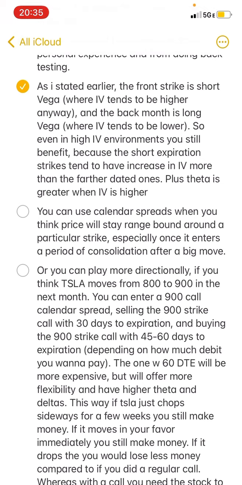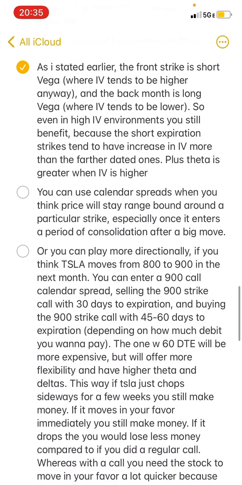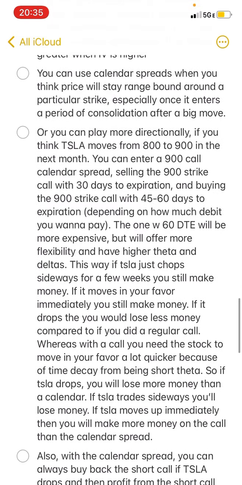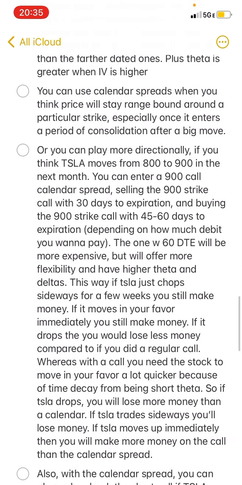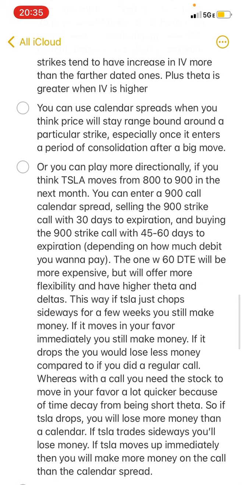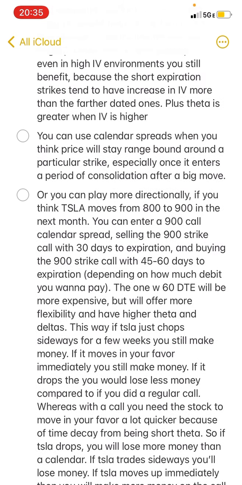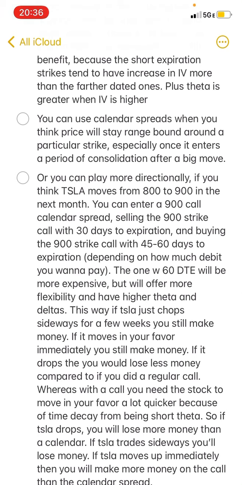So I lose money in both directions on the vega side of things. That doesn't happen all the time, but just keep in mind that kind of thing can happen.